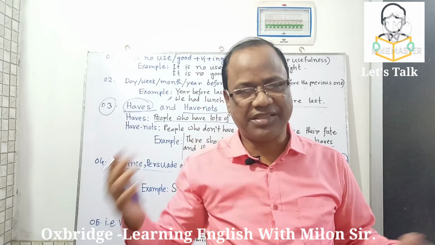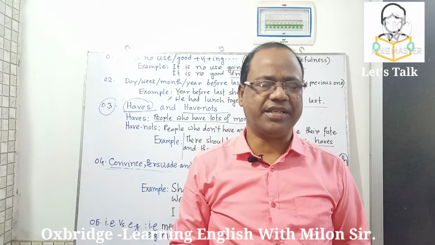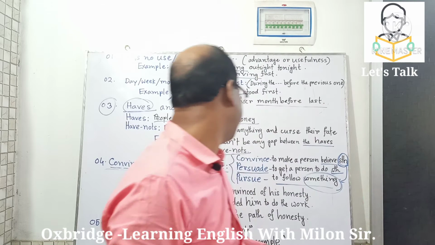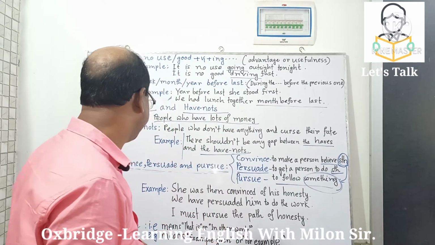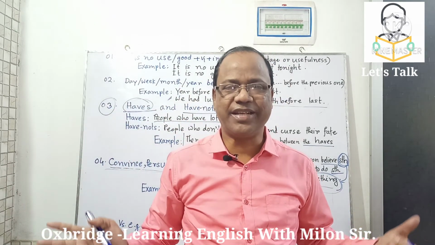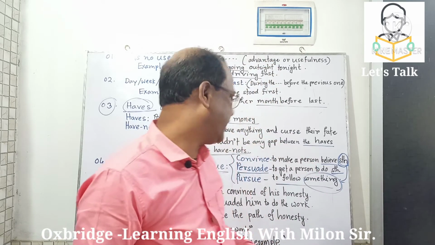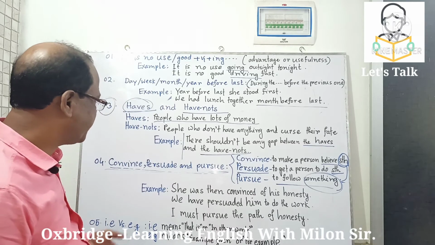So we must have a concrete idea about these three terms, that is convince, persuade and pursue. Now let's go for the examples. Here you can see the examples for convince, persuade and pursue.